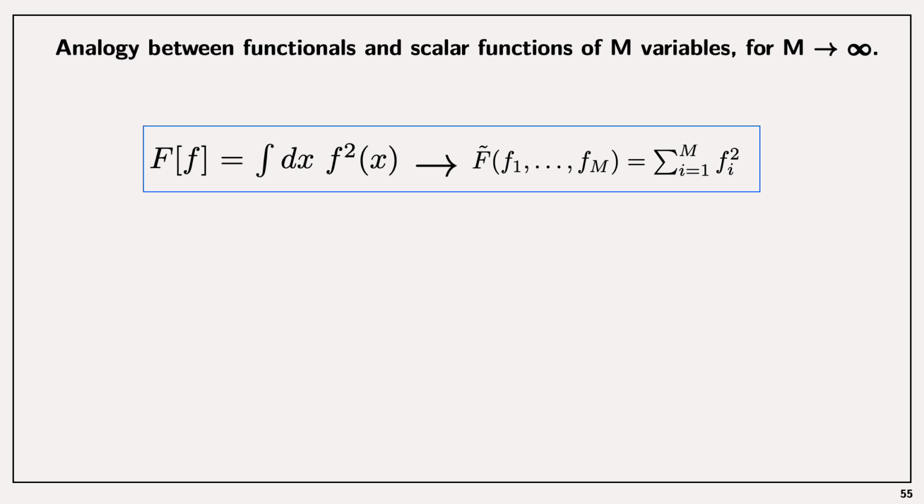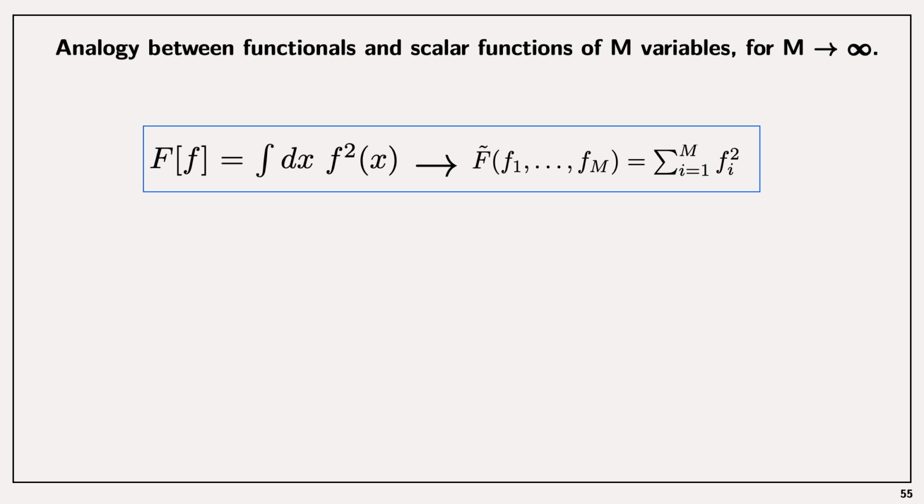That allows us to do something. Imagine that instead of being a continuous function f, we have a function that's defined on a grid, and we have m values of f, which are noted f of i going from 1 to m.